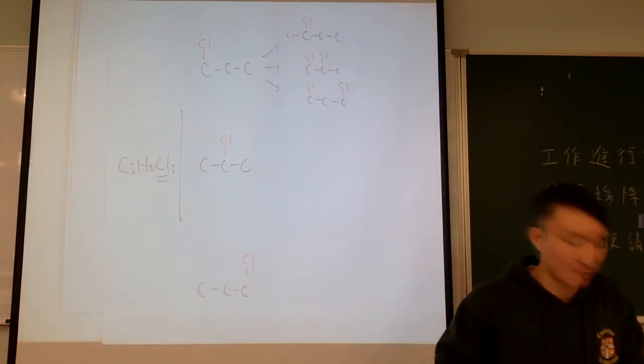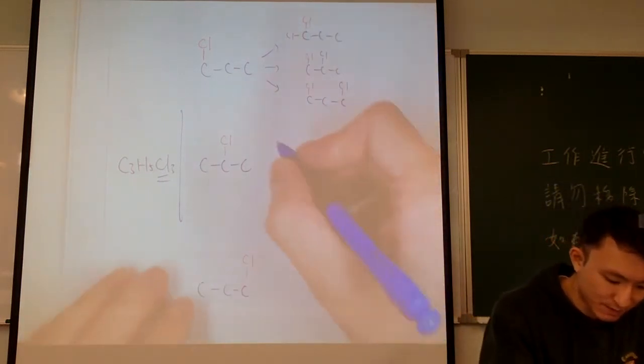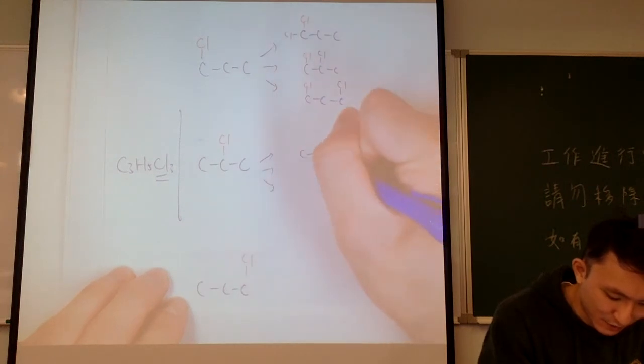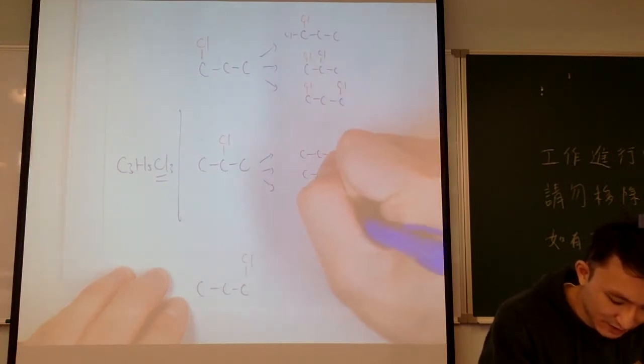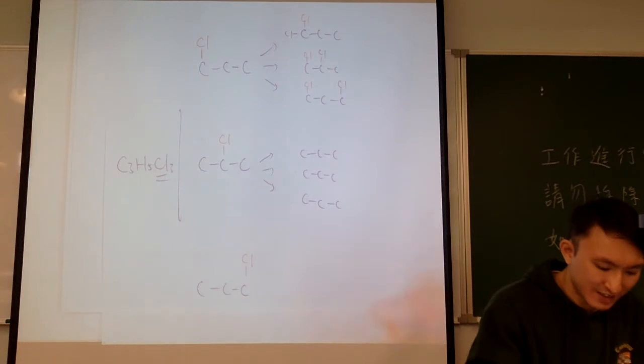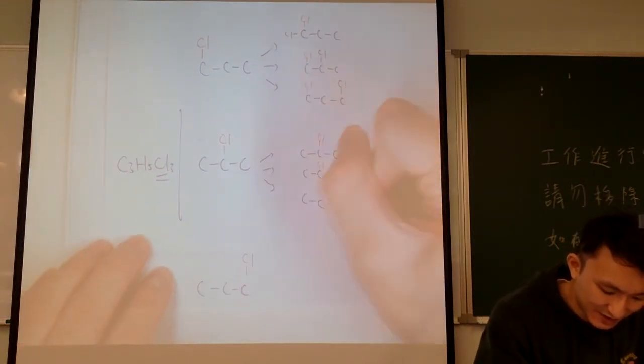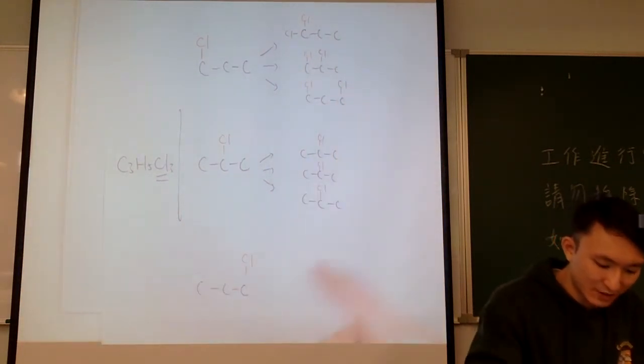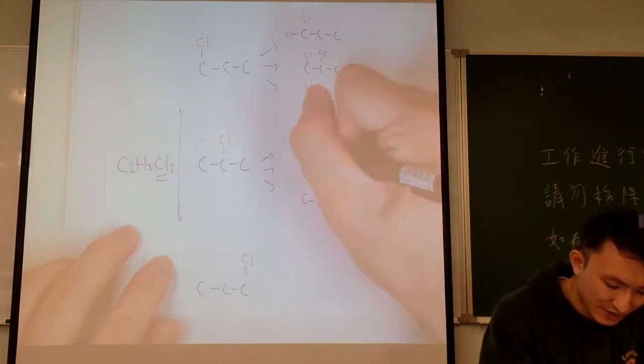Okay, 3 different positions. So actually you do the similar thing for the rest. So you see it's sort of complicated. But no, this is the most secure way of doing this.